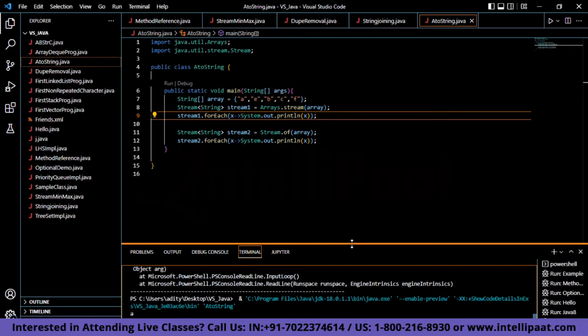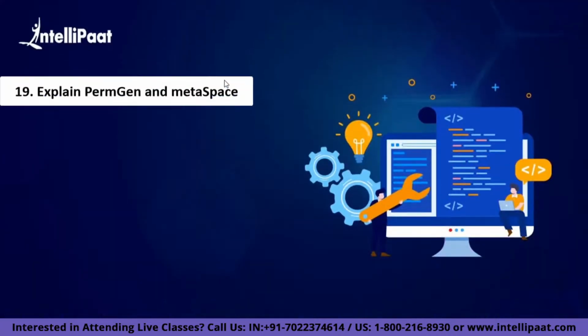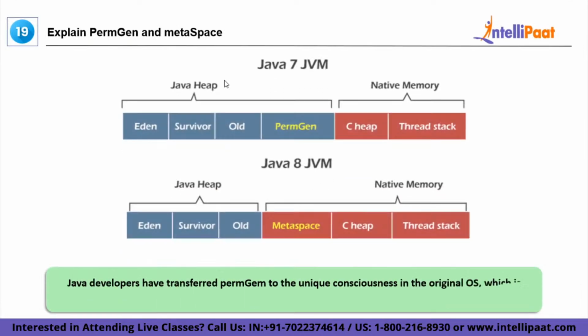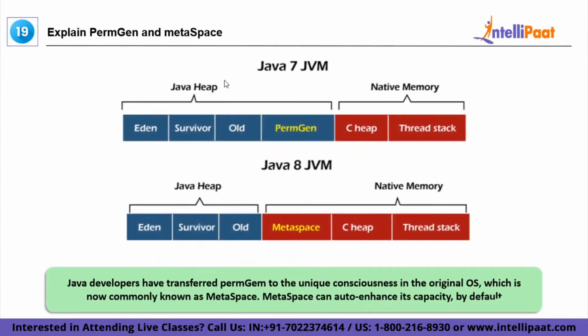And now let's move to the second last question on our list. Explain the permgen and metaspace. So guys, permgen is known as the memory space which is used for collecting class data like bytecode, static variables and many more. The space allocated to permgen is by default 64 MB. The permgen can also be tuned with the help of XX MaxPermSize.